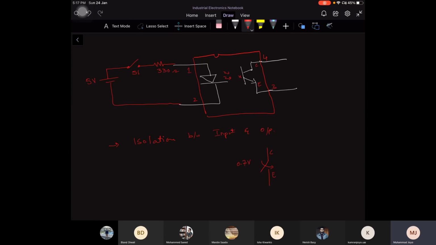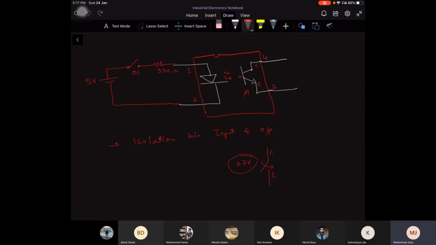So the collector and emitter are shorted together. The same thing happens over here as well. Instead of providing electrical voltage at the base, this is actually a phototransistor, so it detects photons from the LED. These photons basically provide that 0.7 volts, so they turn on this transistor, shorting collector and emitter.